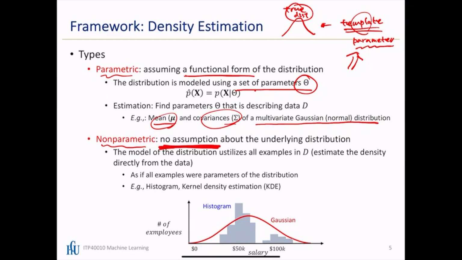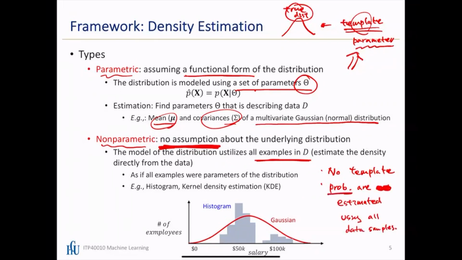Instead, we want to evaluate the probability estimation based on all the samples in my data set. When I write down PROB, that means probability. So probabilities are estimated using all data samples.